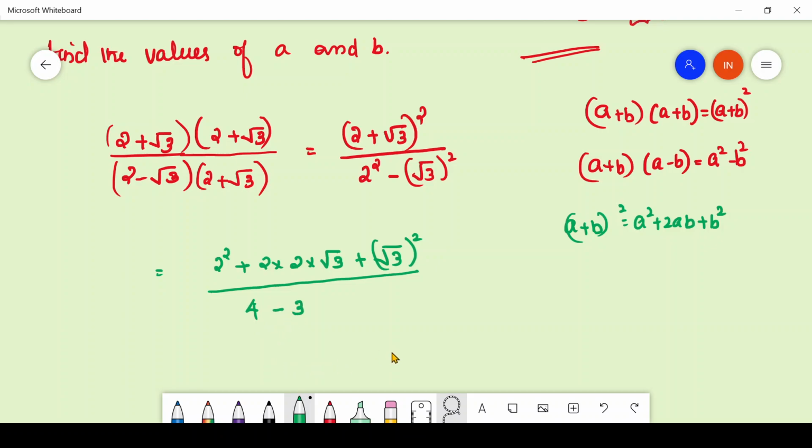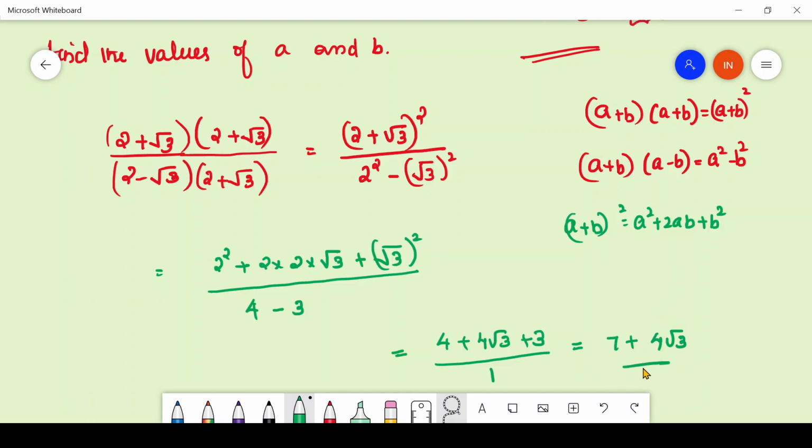So now let's see the next step. 2 square is 4, plus 2 into 2 is 4, again 4 root 3, plus root 3 the whole square is 3, divided by 4 minus 3, that is 1. So 4 plus 3 is 7, plus 4 root 3 is the answer we got.